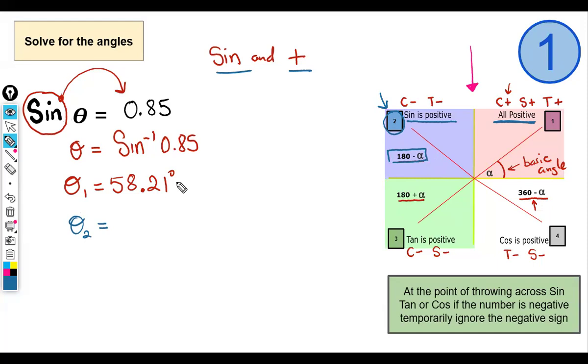The first answer is the basic angle. So type in 180 minus 58.21. 180 minus 58.21. And I'm seeing this, 121.79 degrees.